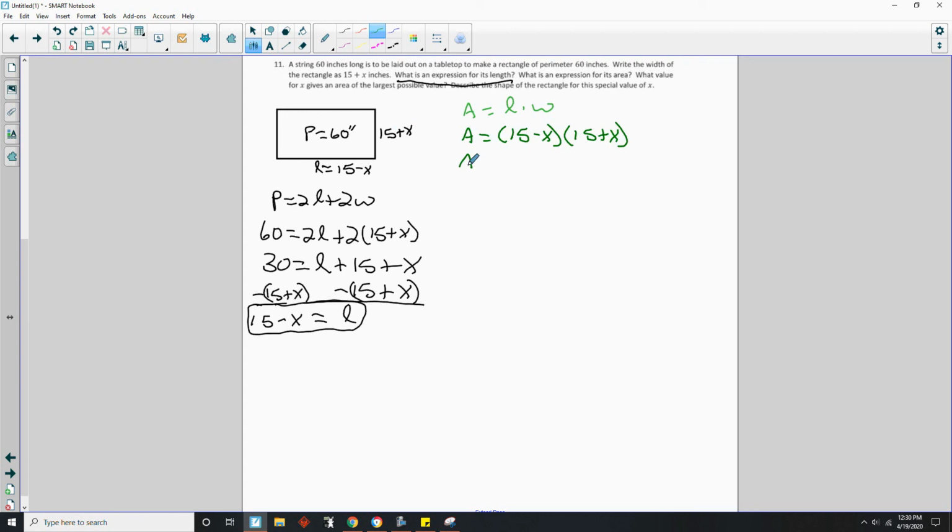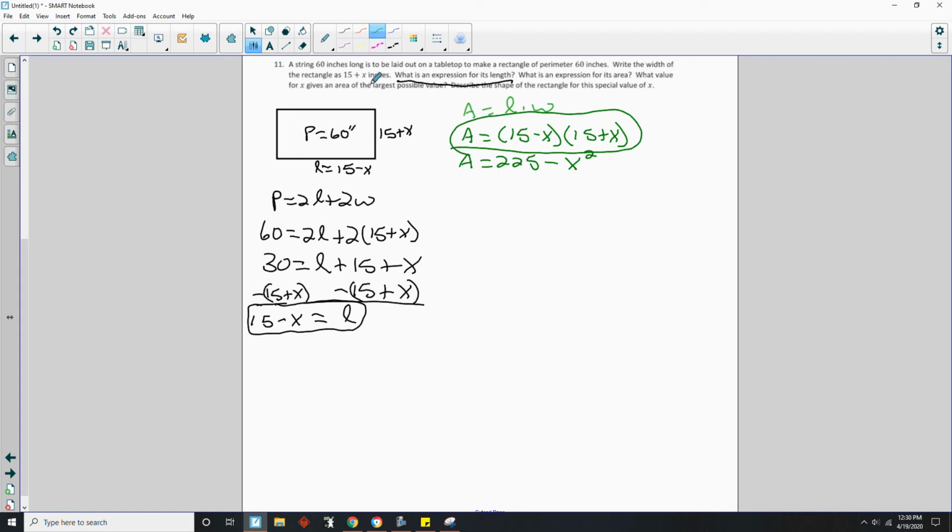So when I distribute this, or FOIL it, 15 times 15 is 225. My middle terms cancel, plus 15x minus 15x, and then it's going to be minus x times x is x squared. So it's 225 minus x squared if you FOIL it, but this would be an acceptable solution.